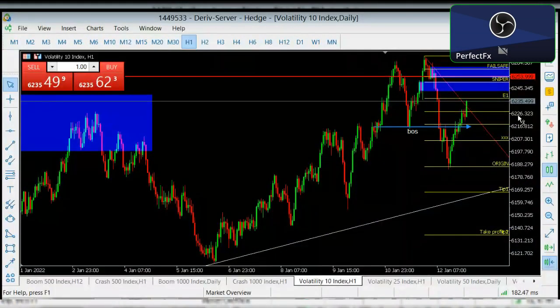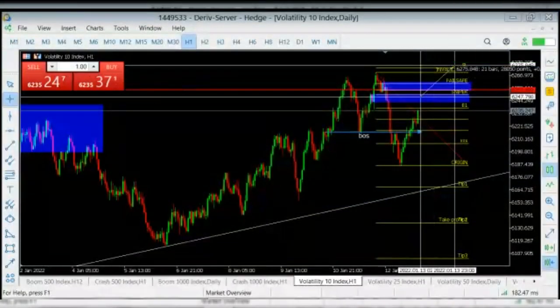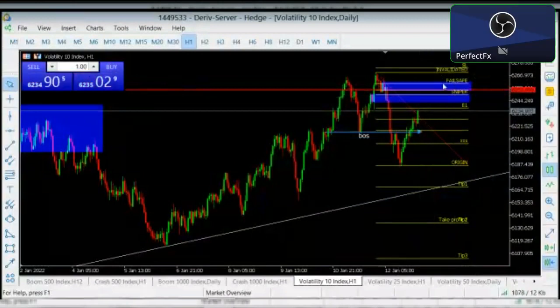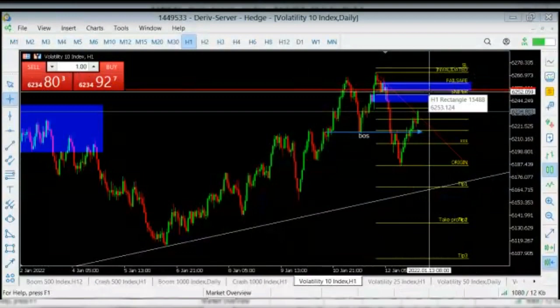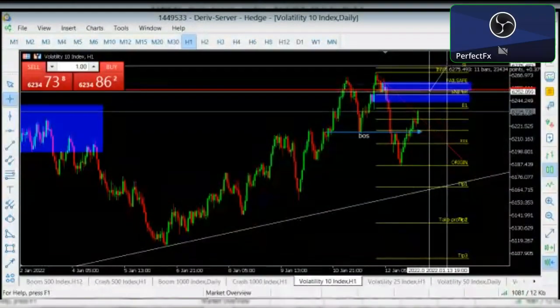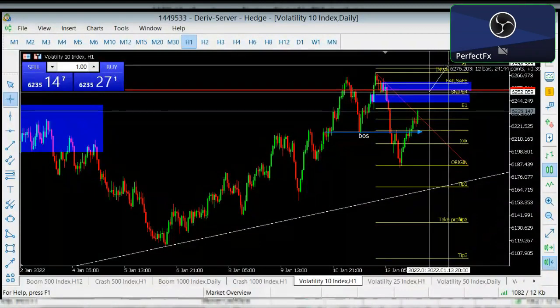So if I would want to be entering this market for a sell from this sniper level, it means I will just be risking on the 1 hour time frame about 23 pips in the market, using a considerable lot size.